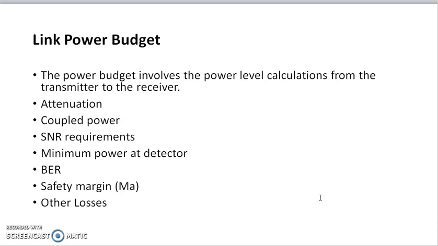What is the signal to noise ratio requirement for the given link? The minimum power level at the detector, and because of that minimum power level, what is the bit error rate for the given minimum power level at which it is working. Then a total system margin and any other losses are to be considered.